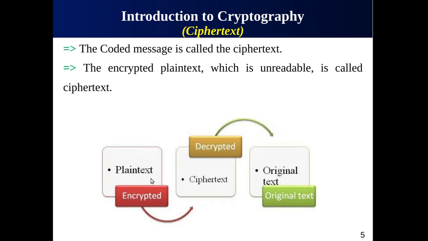In order to convert a plain text into ciphertext, we need a process which is known as encryption. So you have to encrypt the plain text into ciphertext in order to make it ununderstandable. And the resultant version of the text is known as ciphertext.